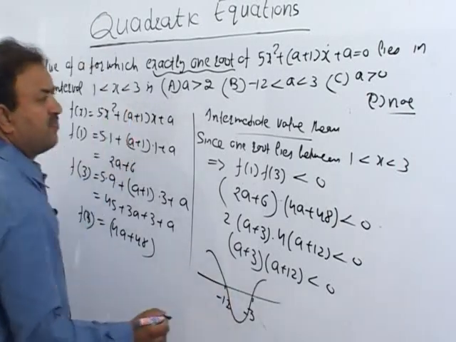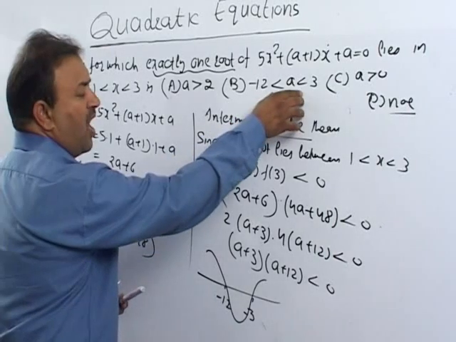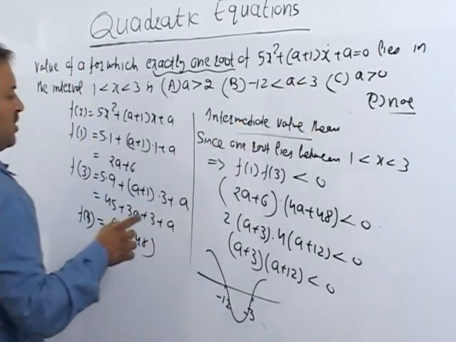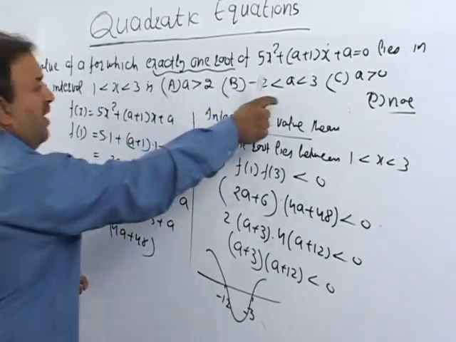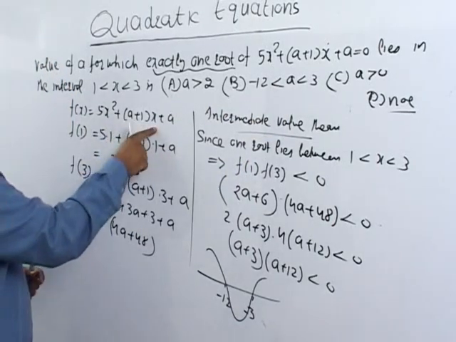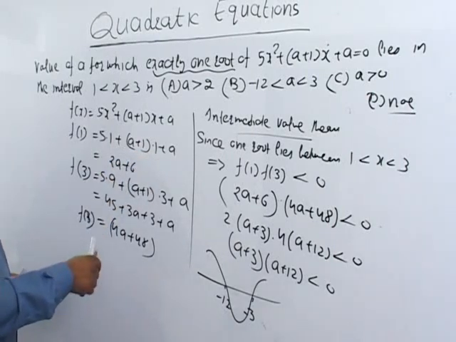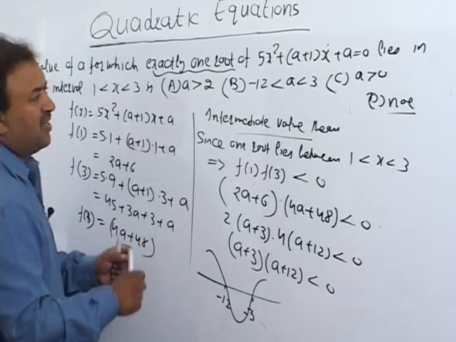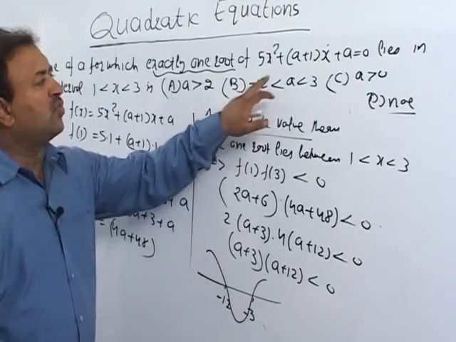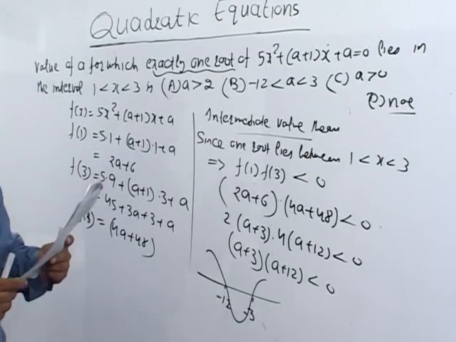Again we have to check, because this answer has been given as minus 12 and 3, that we should not have made any mistake. f(1) is 2a + 6, which is correct. But now we check again where x lies between 1 and 3.